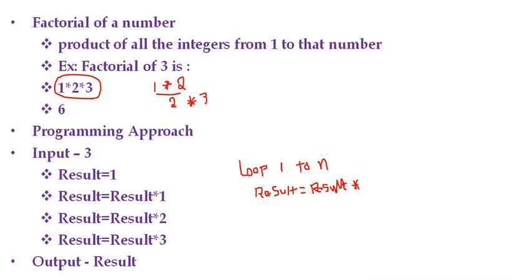Instead of writing 1, 2, 3, I can write I. So I initialized I with 1, and within the loop I iterate from I equal to 1 to n. So this is the simple logic. How can you do the factorial of a number? You take 1 up to n, and on each iteration you multiply with the next successive number. So you need a loop for doing this factorial of the number.